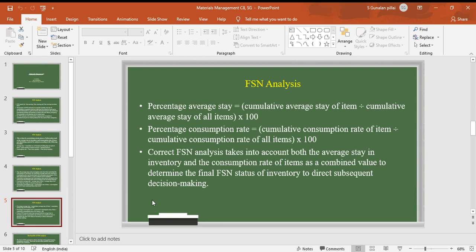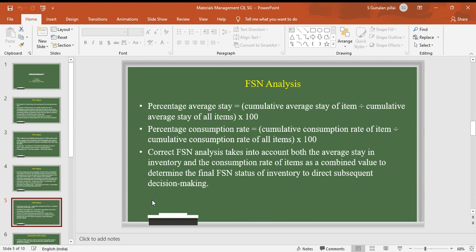So correct FSN analysis takes into account both the average stay in inventory and the consumption rate of items as a combined value to determine the final FSN status of inventory, to direct subsequent decision making.